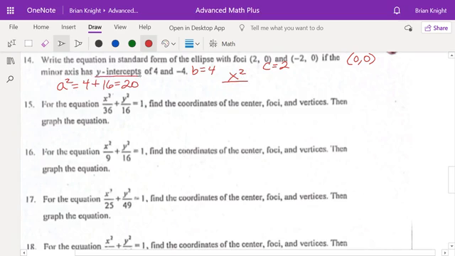So 20 goes under the x plus y squared over b squared. B is 4. What's b squared? 16. Remember, you put b squared under there, and it's always equal to 1.